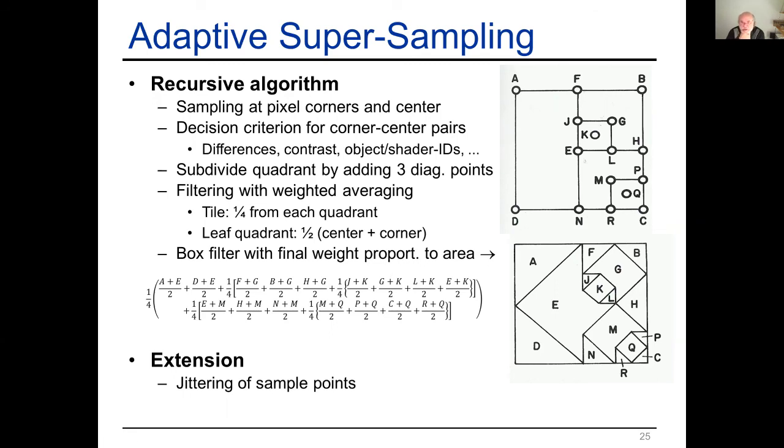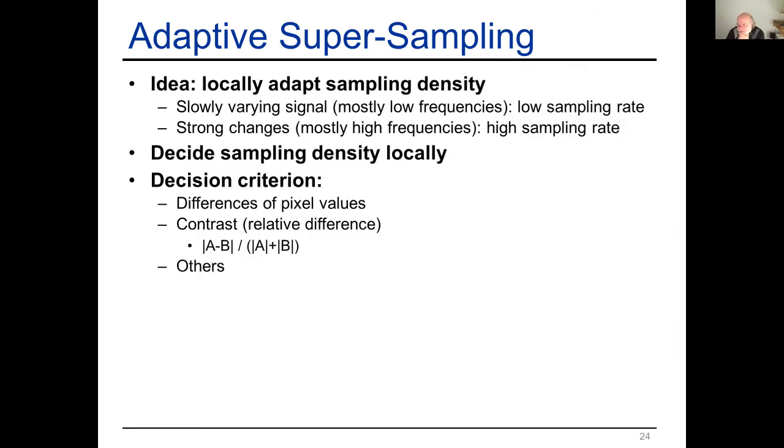Now, instead of just looking at the differences between pixel values or the RGB colors, the typical thing that people do is, first of all, they convert to black and white, to gray values, because we're mostly sensitive to that.